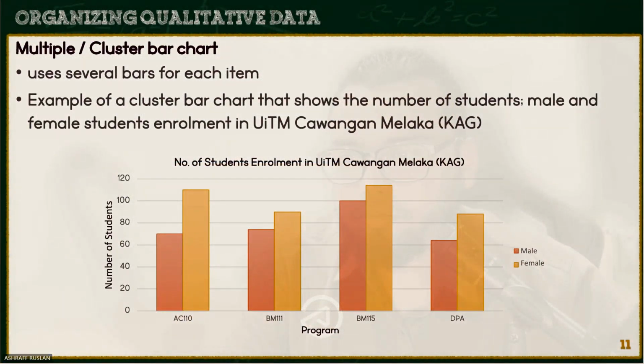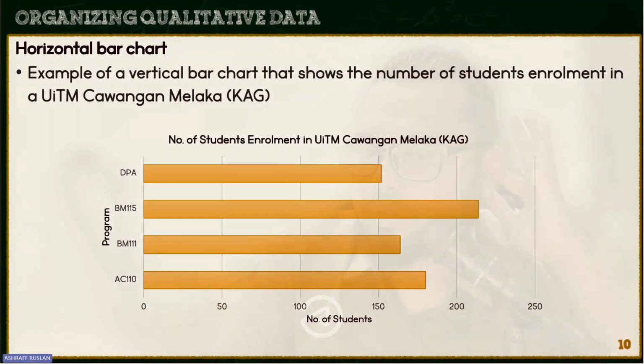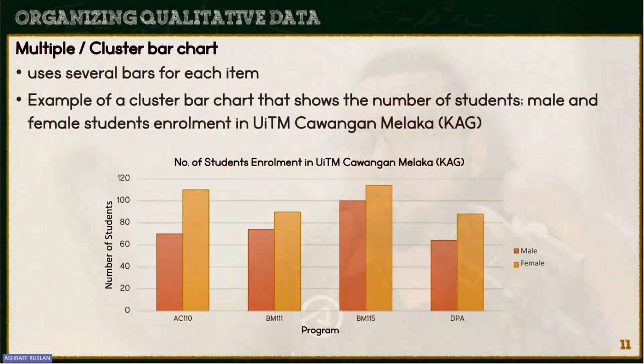Multiple cluster bar chart. Okay, let's say you want to see two category of gender for each program. So usually in industry we call it as we would like to see student enrollment by program by gender.